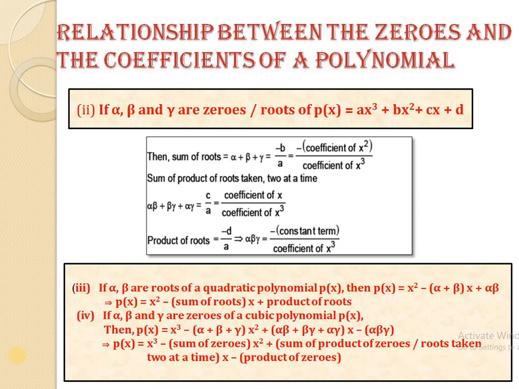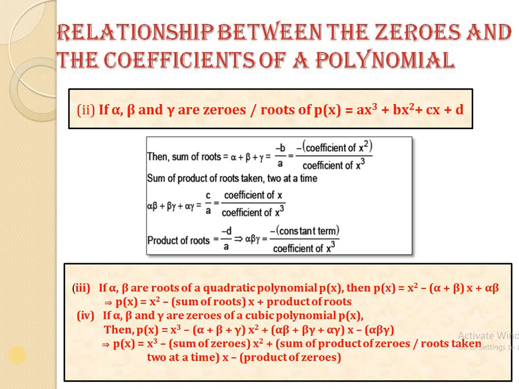And the sum of product of roots taken 2 at a time, that is alpha into beta plus beta into gamma plus alpha into gamma, is equal to c by a, which is equal to coefficient of x upon coefficient of x cube. Now the product of roots, alpha into beta into gamma, will be minus d by a, that is minus of constant term upon coefficient of x cube.